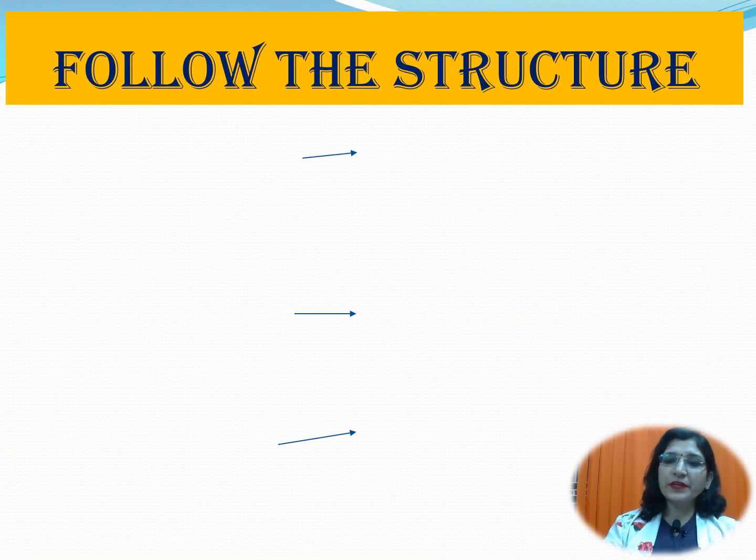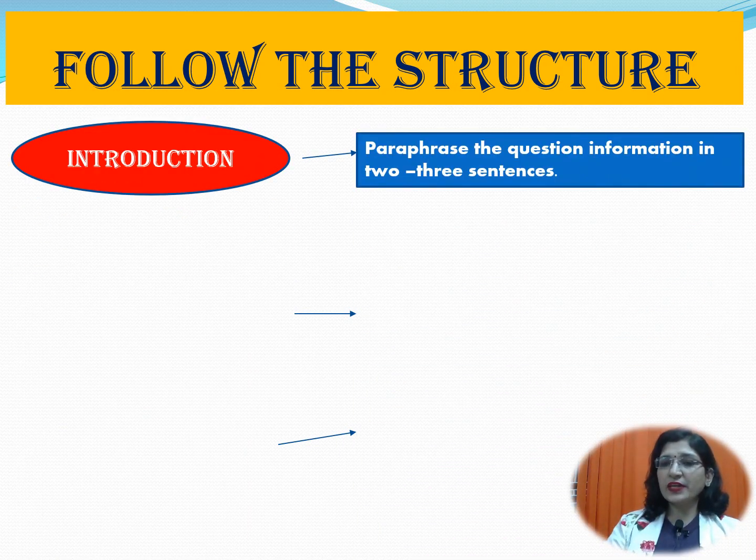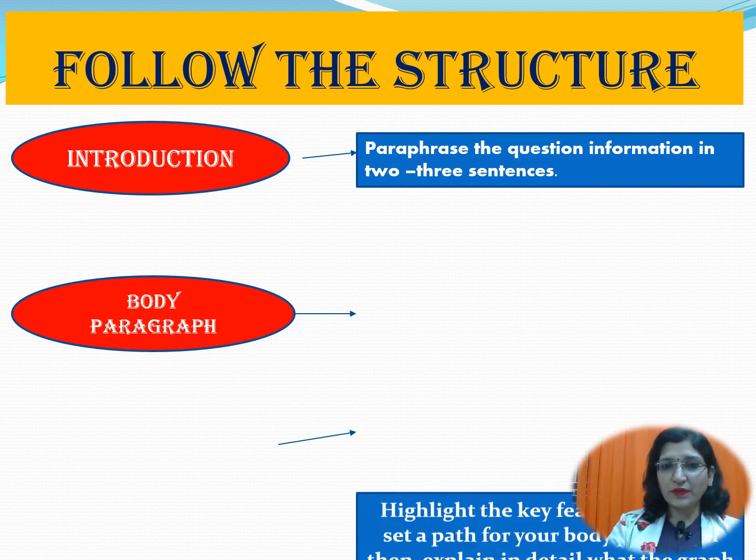I have explained earlier also that before you start writing anything, it is always a good idea to plan. So here is the basic structure that you need to follow before writing an analytical paragraph effectively. First, you have to write a few lines as an introduction. This can be done easily by paraphrasing the question information in 2 or 3 sentences by using synonyms. Secondly, you have to develop the body paragraph, which is definitely the most crucial part of any writing.